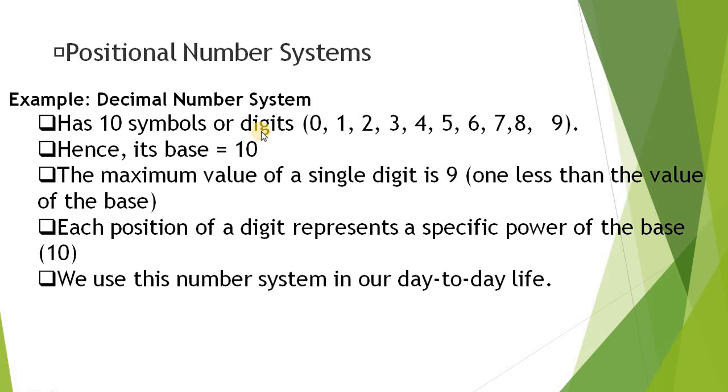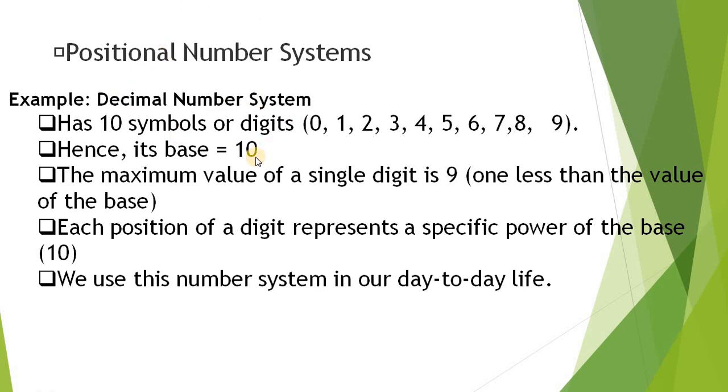In any number system, the smallest digit will always start with 0 and the largest symbol will be 1 less than the base. In the decimal number system the base is 10, so we can have 10 digits. If I say a binary number system, its base is 2 and it can have only 2 symbols or digits, that is 0 and 1.